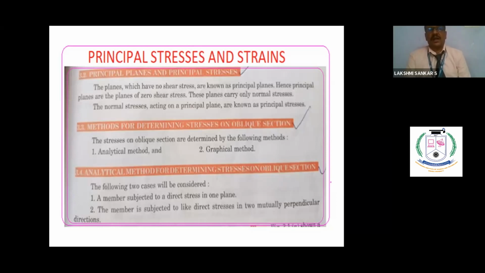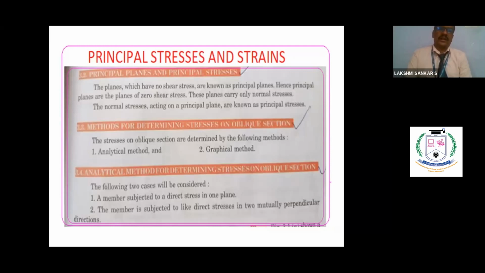When the top layer is experiencing tensile stress, the bottom layer will be experiencing compressive stress. If you fold the other way, tensile becomes compressive and compressive becomes tensile. The same happens with a rotating shaft, because of that stress reversal. So that is a major failure cause in any mechanical component.